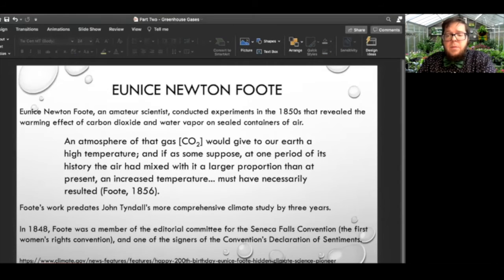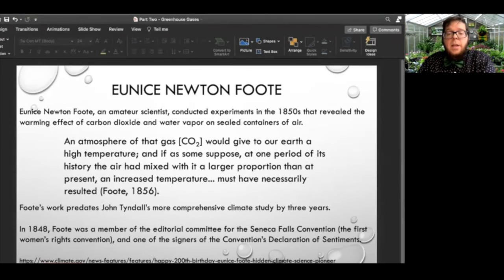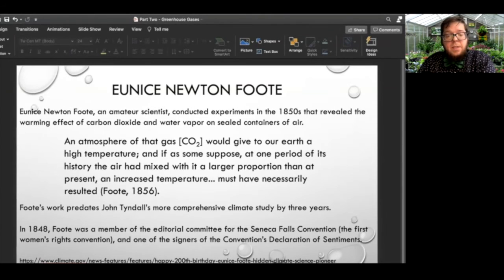And if, as some suppose, at one period of its history the air had mixed with it a larger proportion than at present, an increased temperature must have necessarily resulted. End quote. So Eunice Newton Foote was the very first person to realize what carbon dioxide and water vapor do to the temperature of the planet. They raise it, right?